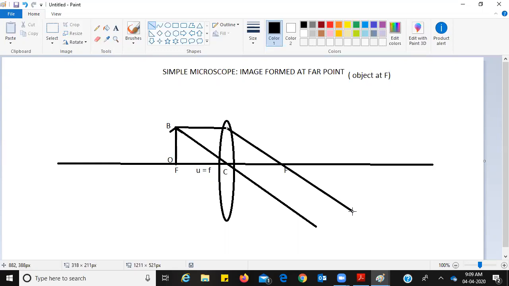That's correct. If you measure correctly, it will become parallel without any adjustment. So light rays, arrow mark is compulsory, otherwise you lose half a mark for the boards.